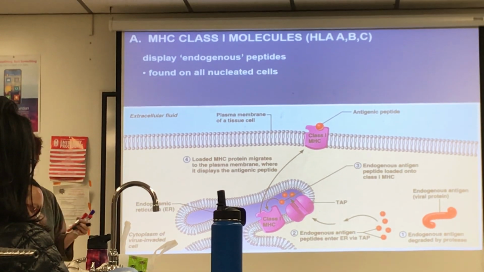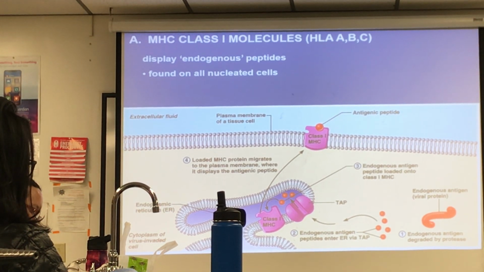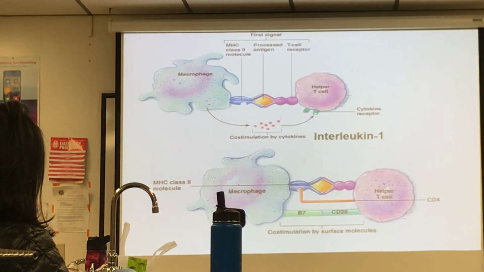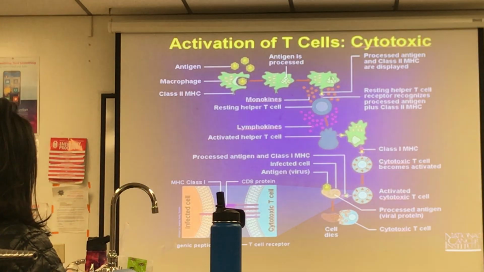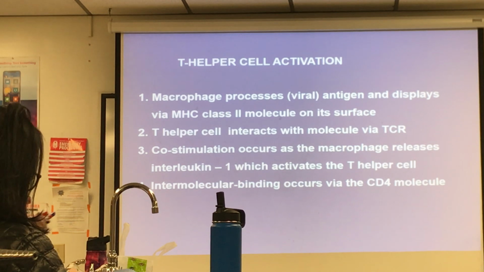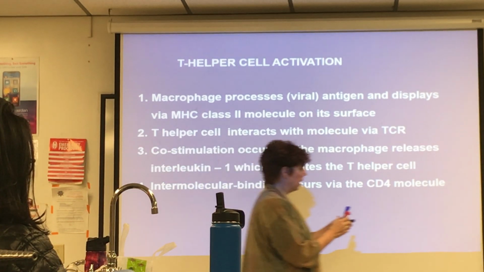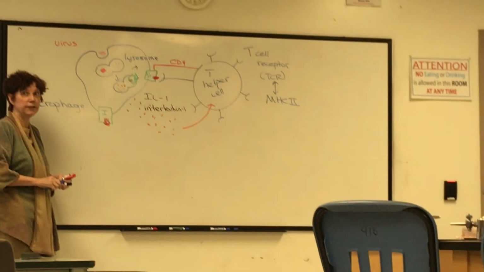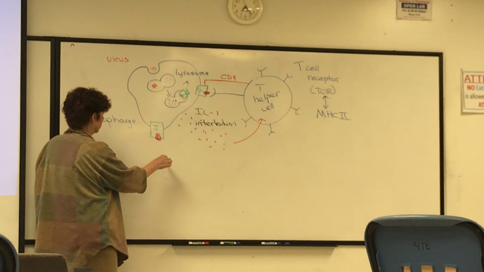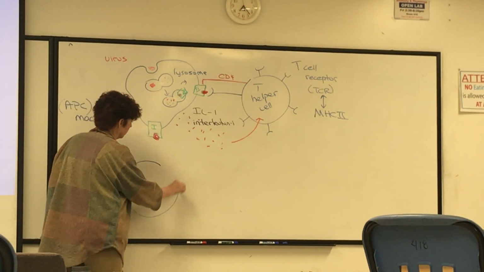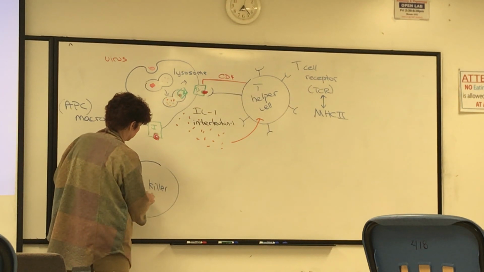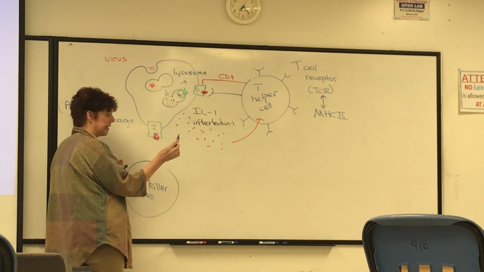Otherwise, the T helper cell would leave and would clone and would come in contact with the same antigen on another cell and interact with the T killer cell. But here we're just having it do it on the same cell. All right? So MHC class 1. So here comes a non-reactive T killer cell. It also has T cell receptors.